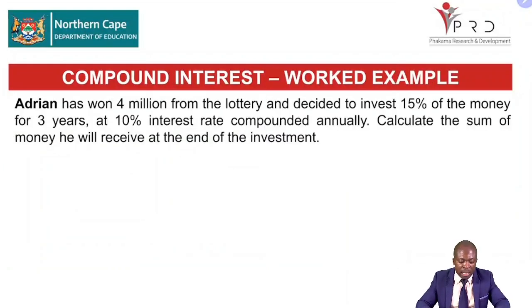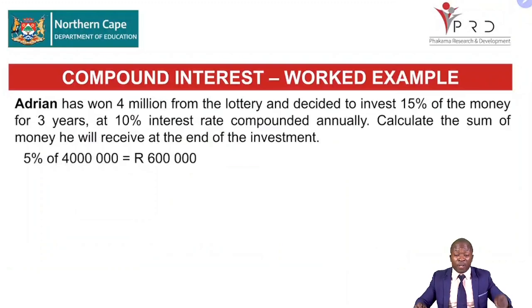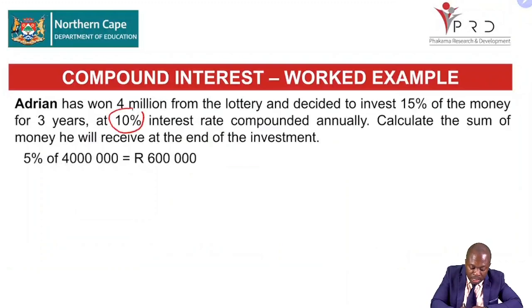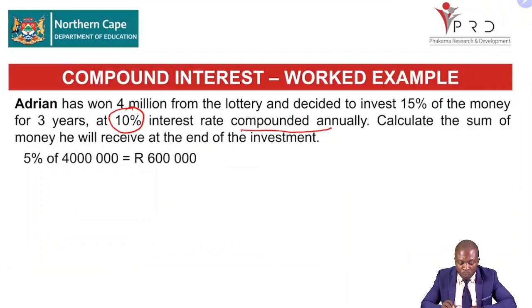Now, let's look at the next question this year. We want to use the same idea of the 600,000, which Adrian is deciding to invest. Can you see here? The interest rate for the whole year was 10%, compounded annually. But what we are trying to do here is where we want to see.